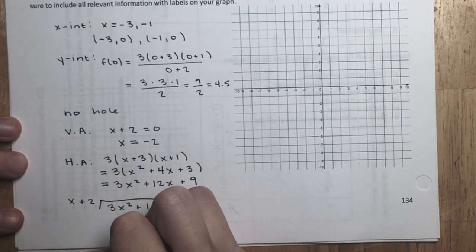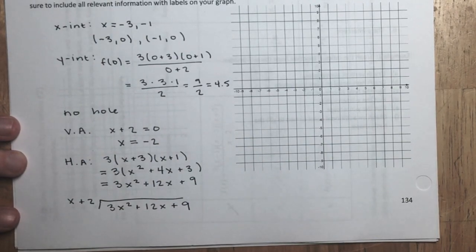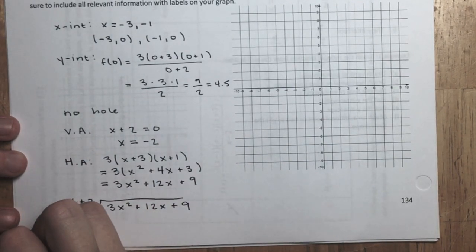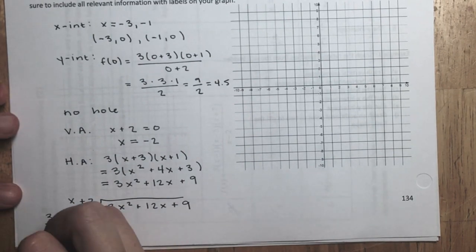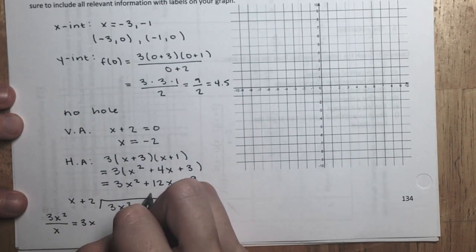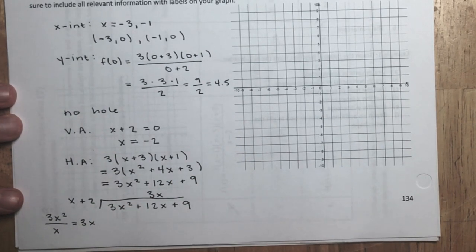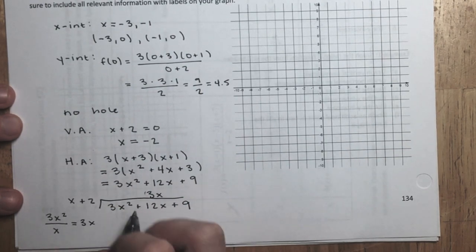I'm running out of space here. All right, so we divide first term by first term. 3x squared divided by x is just 3x. We put that above 12x, the like term. We multiply 3x by x plus 2.